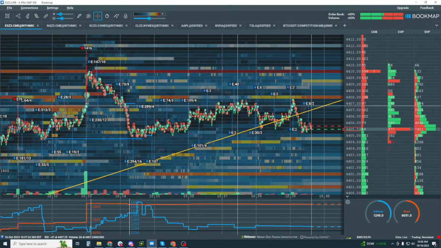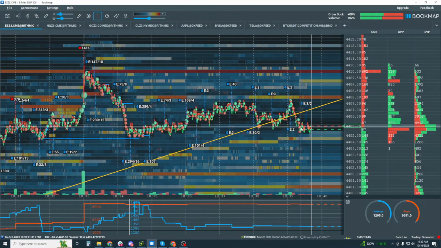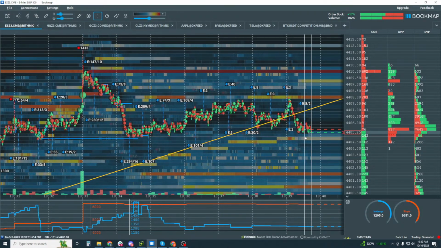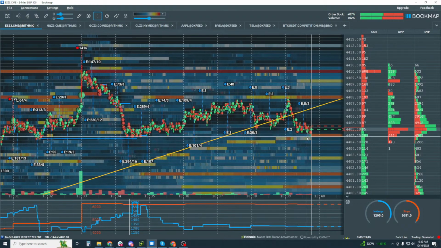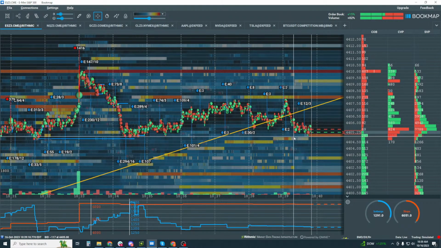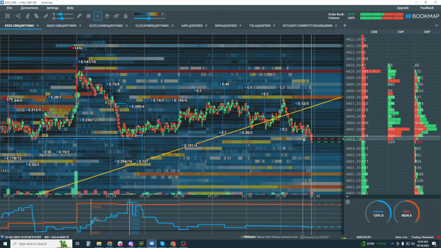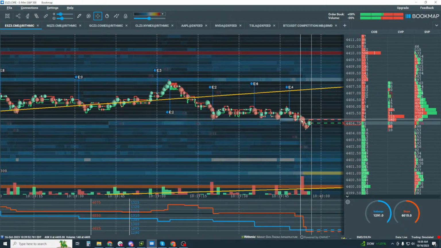Especially in this range with this kind of volume, we're looking for who might be trapped on one side, so they will be compelled to trade on the other side, and where they might be. Well, we have an algo here. You can see bidding up in these areas and just transacted.